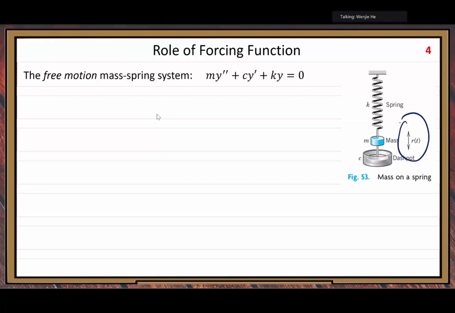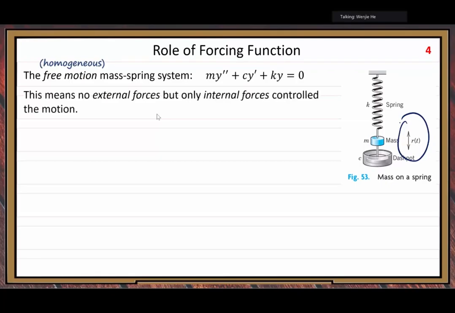The right hand side corresponds to the external force term. We call it homogeneous. So no external forces, only internal forces control the motion.